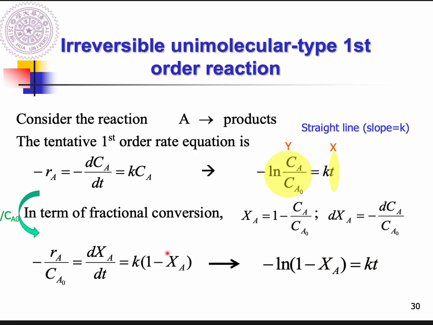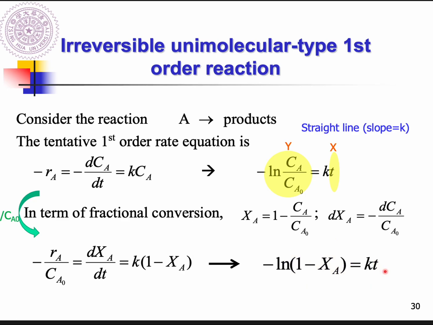Simply move 1 minus XA to the left-hand side and dt to the right-hand side, and take the integral on both sides. The time is integrated from 0 to t, and XA from 0 to XA. Don't forget, this is a fractional conversion. In the beginning, no reactant has been converted to product, so it goes from 0 to XA.